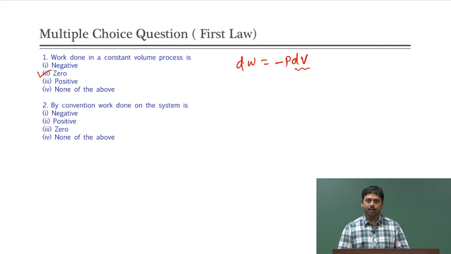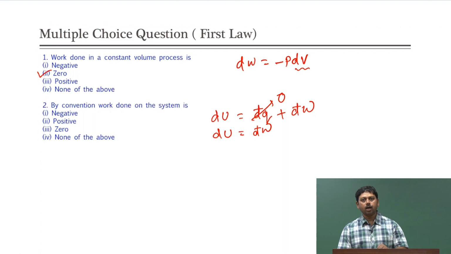We have discussed that conventionally we take work done on the system as positive. The reason is, as we have discussed before, the first law of thermodynamics is dU equal to dQ plus dW. Now, when dQ is 0, then the change in internal energy is equal to the work done. When work is done on the system, the internal energy of the system increases.